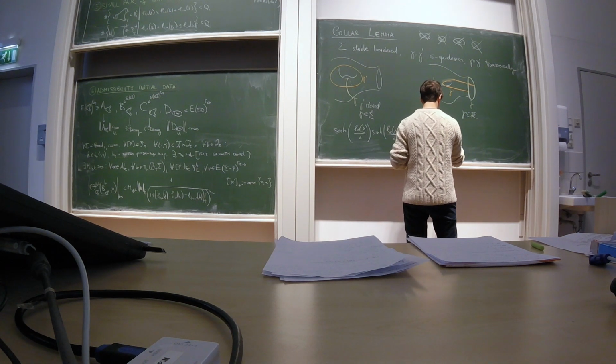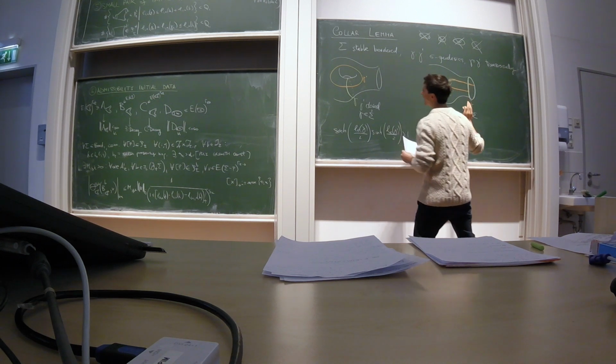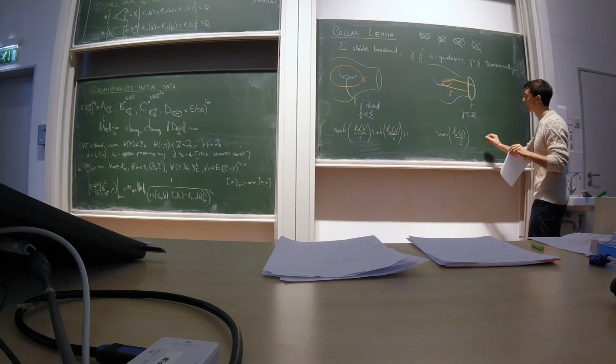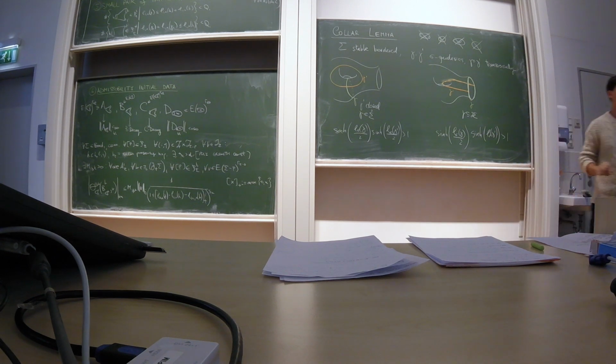And in this case, we have basically the same thing, but because here you have more than half of it, you don't have to divide by 2 again. So this is what the collar lemma says.